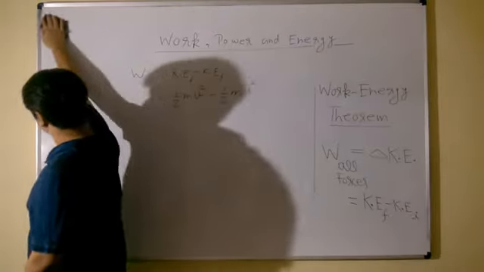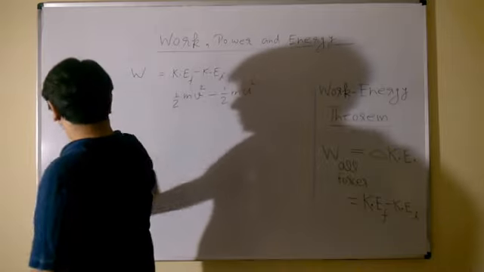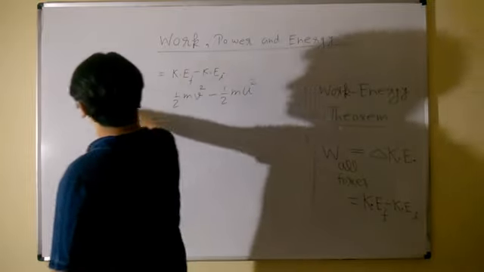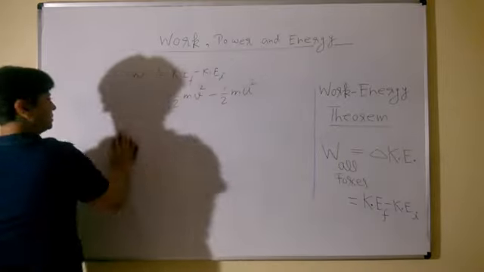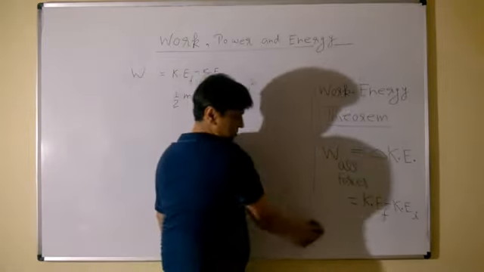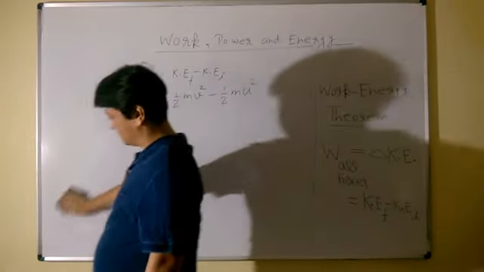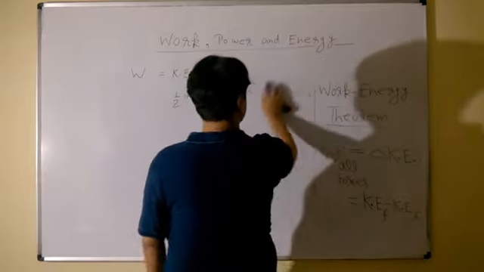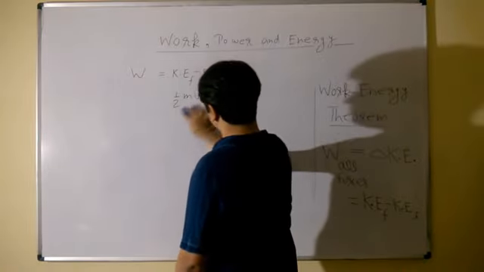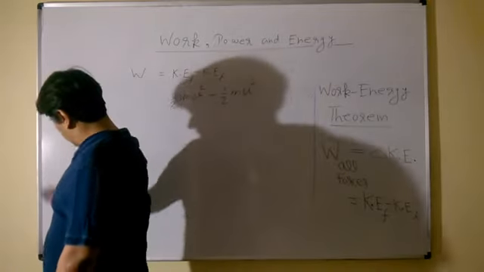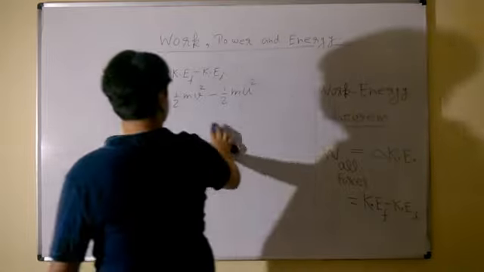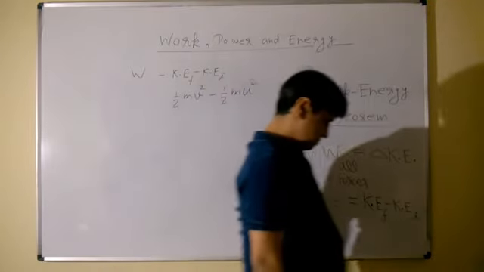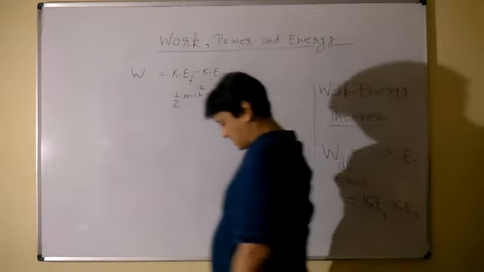Now write down case 1. In case 1, angle between force and displacement is acute, less than 90.